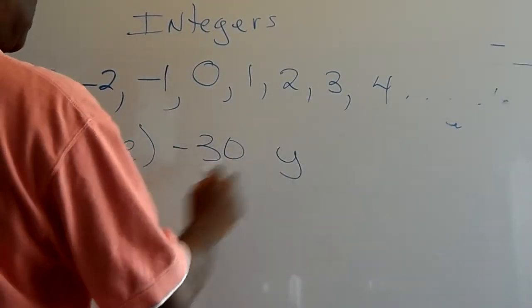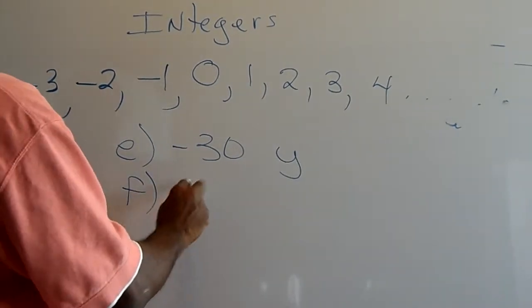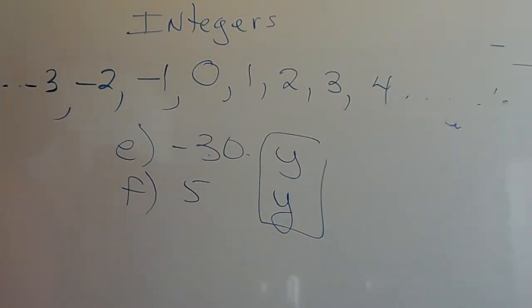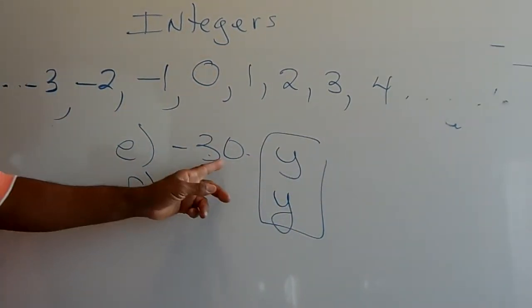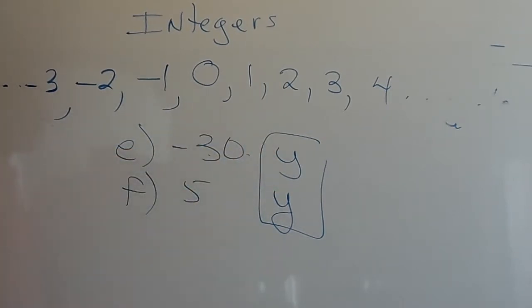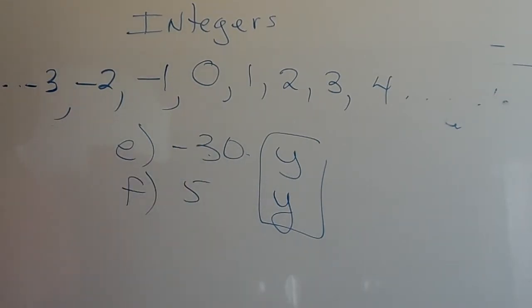Well, that's going to be a yes, right? And F, what is F? 5. Of course, 5 is yes. Both of these are integers, negative 30 and 5, because the opposite of negative 30 is positive 30, and the opposite of 5 is negative 5. It's a whole number, and this is the opposite of a whole number, 30.